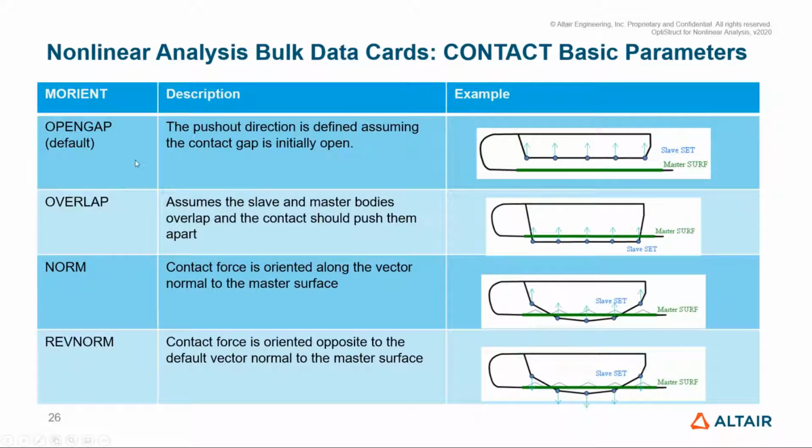Then there are some other special cases where you have an open gap. That means there's a gap at the beginning, it's initially open. And then there might be overlap as well. So if let's say your surfaces didn't solve the penetration, you didn't move the slave surface up, then you probably need to define overlap there to tell that it's actually overlapping.